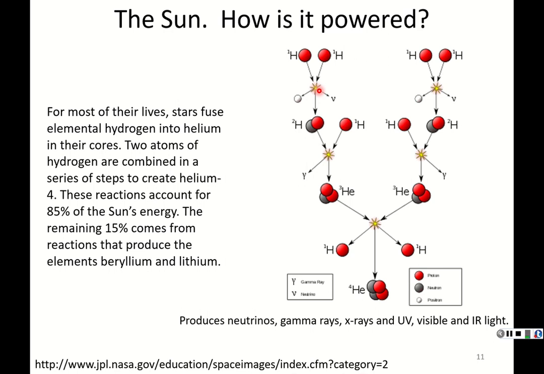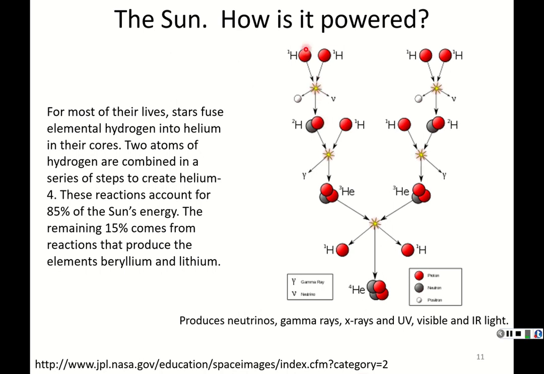And when they do that, the two protons come together, and one of the protons will be converted into a neutron, thus forming what's known as deuterium, which here is abbreviated with a 2, meaning it has an atomic weight of 2 now, but it is still hydrogen, technically, because it still only has one proton.